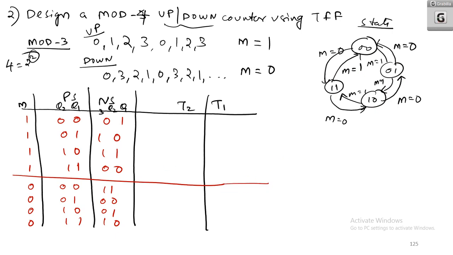So what is basically a toggle flip-flop? Toggle flip-flop means if next state is complement of present state, then only T will have value. For T2: 0 to 0, no change; 0 to 1, 1 to 1, 1 to 0, 1 to 0, 0 to 1, 0 to 0, 1 to 0, 1 to 1.